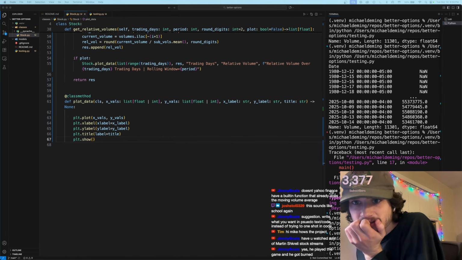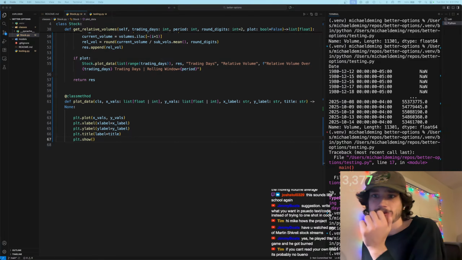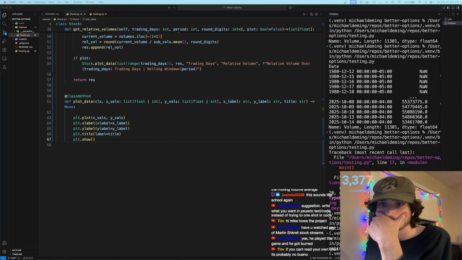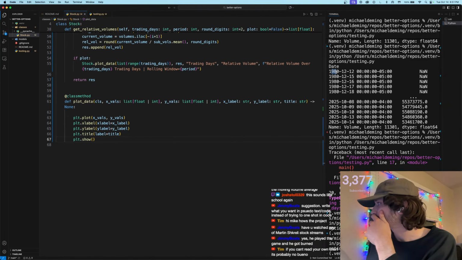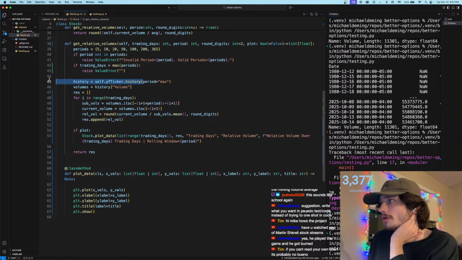Set method explicitly sets the data. All right, so alternative. I'm wondering maybe we could extract out this date, right? We're getting the volume for the past 20 trading days, right?